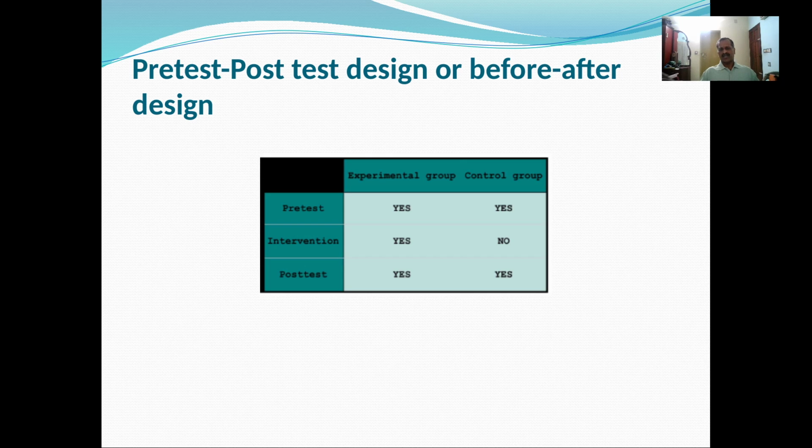And I'm doing a pre-testing. The study is about the effect of an education module in changing the knowledge and attitude of third year BSc nursing students about the COVID protocol.